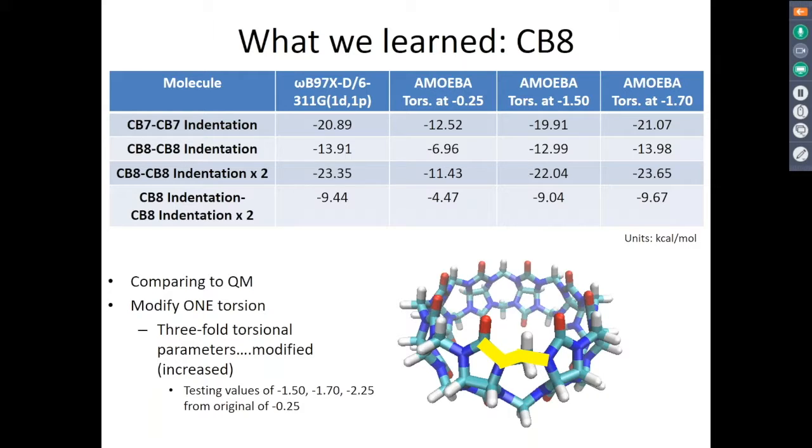So what we did, and what we're currently still doing, is figuring out what the proper torsional value should be for that one torsional component within the ring. We've tested negative 1.5, negative 1.7, and as well as negative 2.25. And we're seeing better agreement with our quantum calculations.